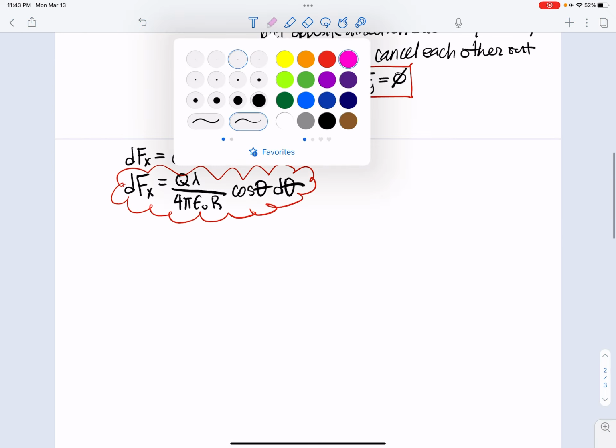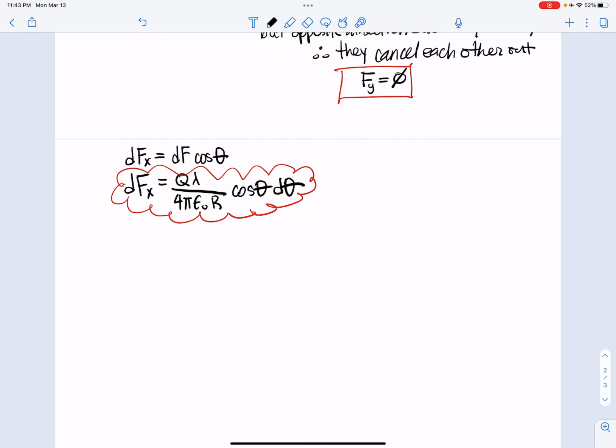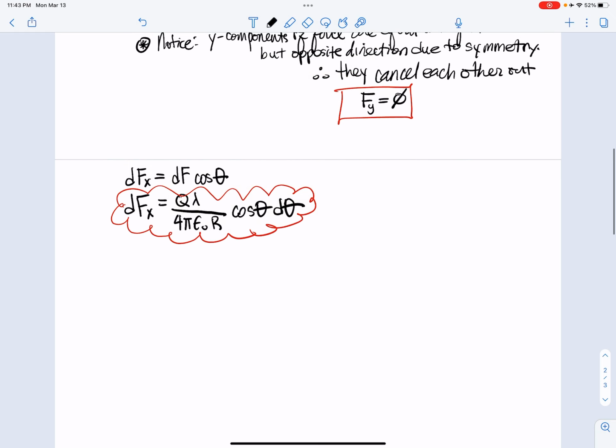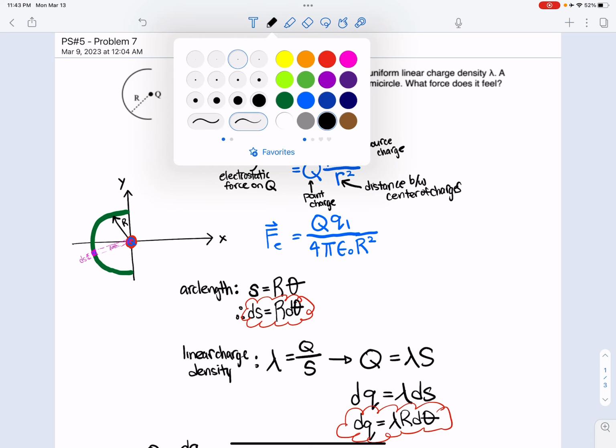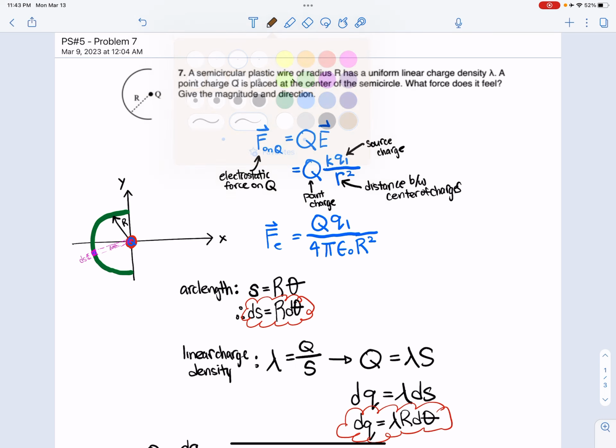So I'm going to do that. And that would be Fx is equal to the integral of dFx, right? And because our angles here, it starts at pi over 2, or maybe it starts at 3 pi over 2 and ends at pi over 2. But anyways, we go from this angle to this angle, right?